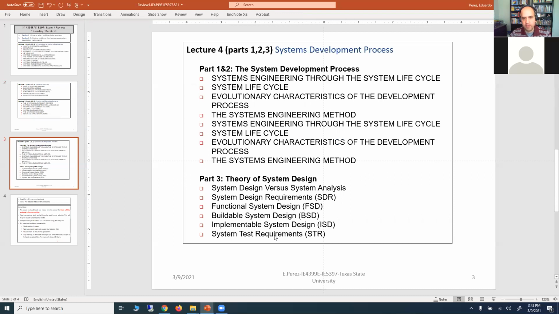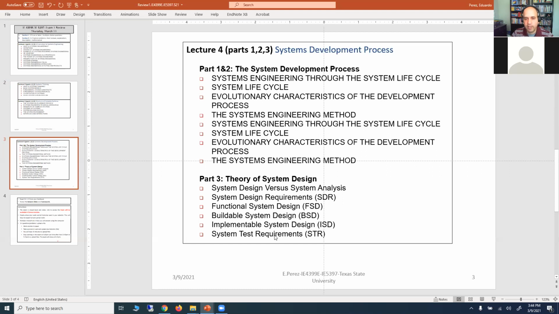Lecture 4, this is on the system development process. So in this one, we talk about the systems engineering life cycle model, the system engineering through the system life cycle, the evolutionary characteristics of the development process. So in this one, we have a table in which we spend some time talking about how each piece of the system life cycle is connected to the systems engineering method.